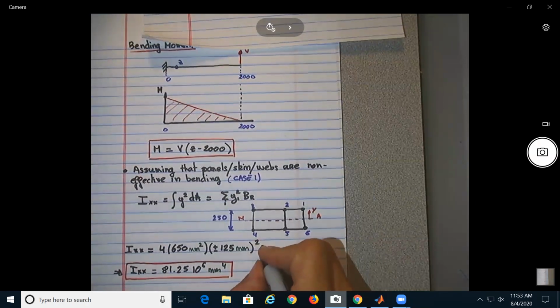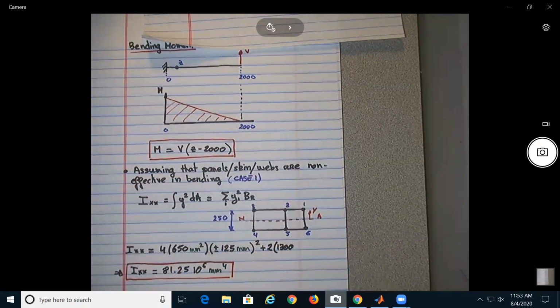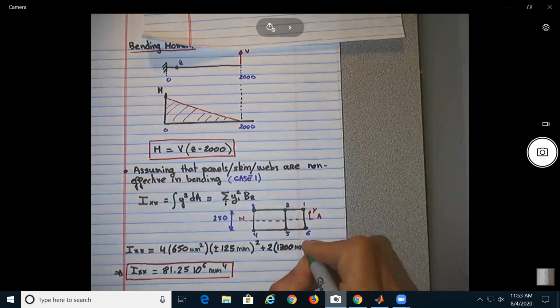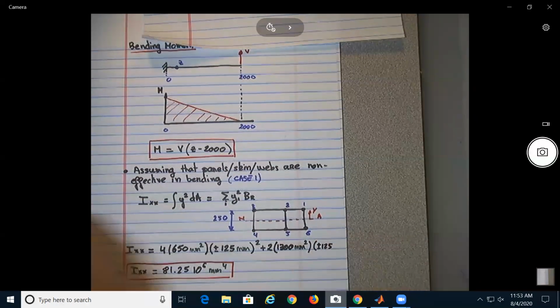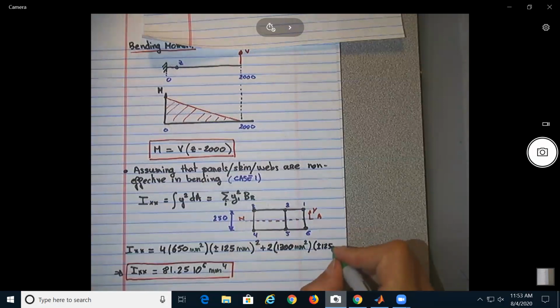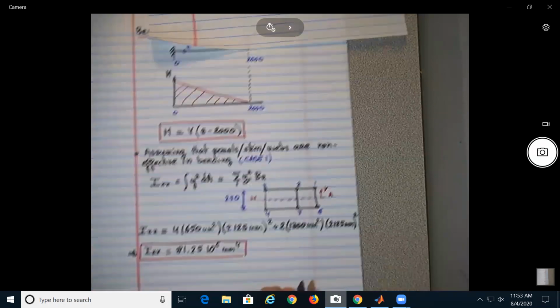But here, what do we need? Plus 2 times the 1300 millimeter square times plus or minus 125 millimeter, everything squared.